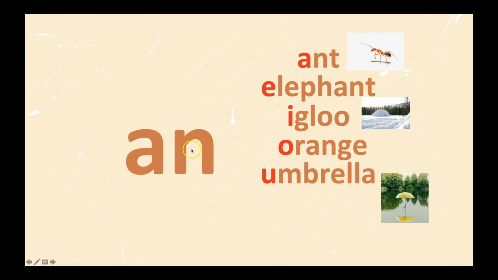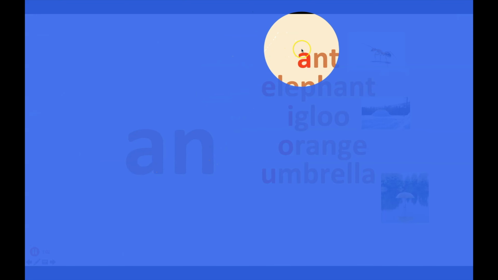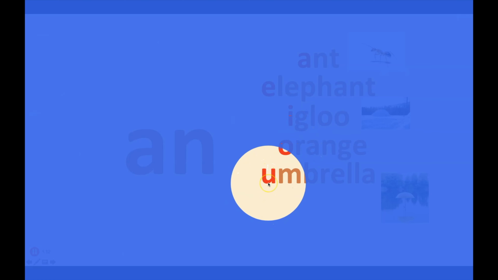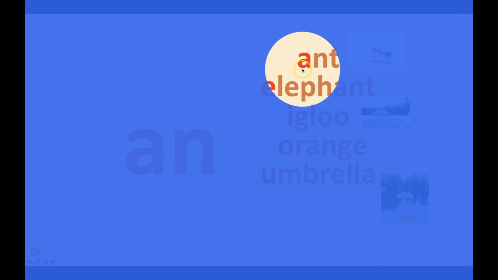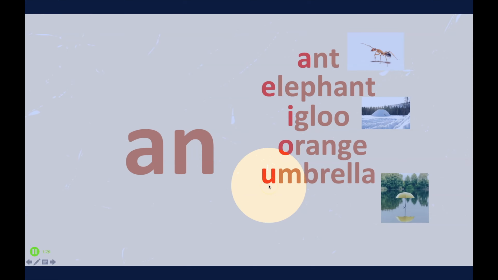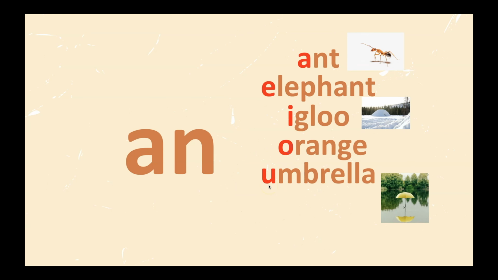For example, we use an with words that begin with the vowels a, e, i, o, and u. So let's look at our examples.